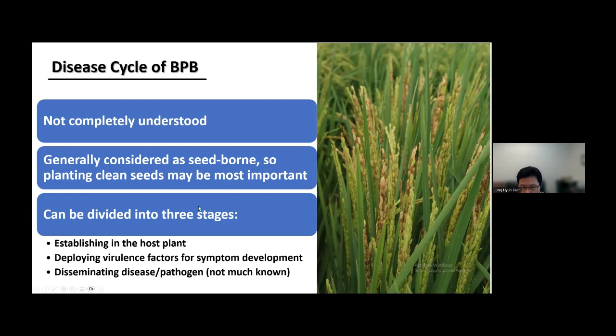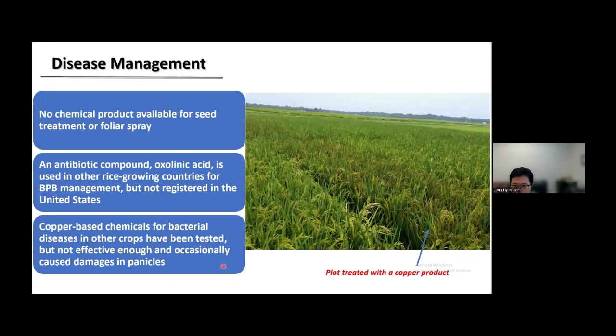Regarding the disease cycle, we can think about three major stages: the establishment in the host plant, the deployment of the virulence factors for symptom development, and the dissemination of the pathogen. But none of these stages has been elucidated clearly so far.